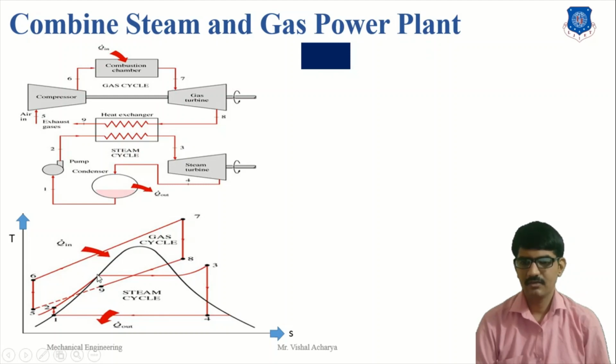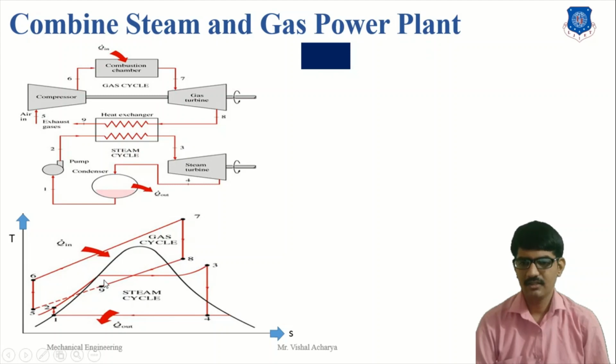Here it clearly shows that the heat removed in the gas turbine is transferred as the heat supply in the Rankine cycle. In the Brayton cycle, there are isentropic compression, constant pressure heat addition, isentropic expansion, and constant pressure heat rejection.